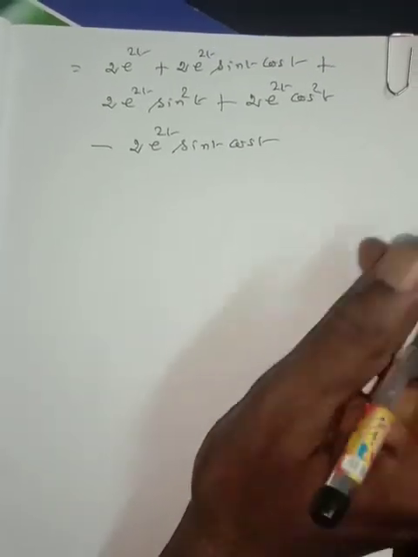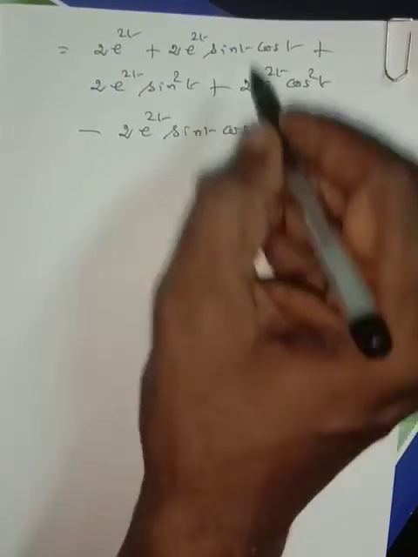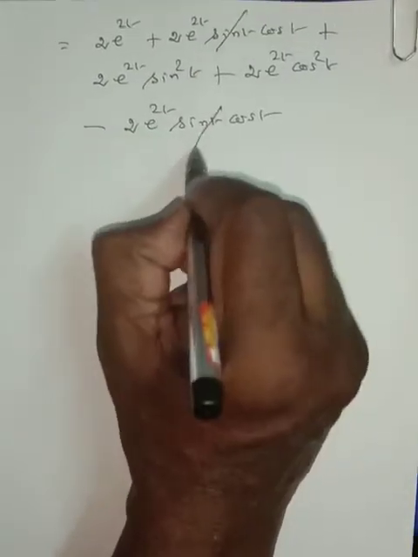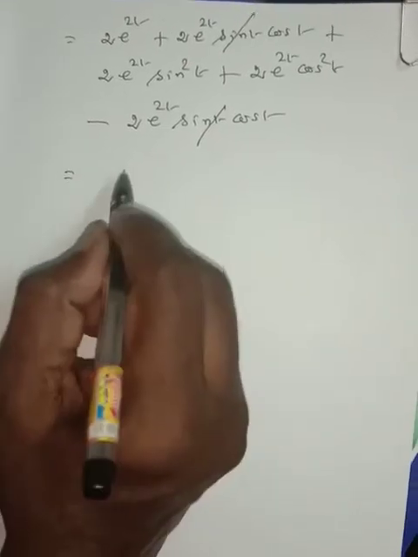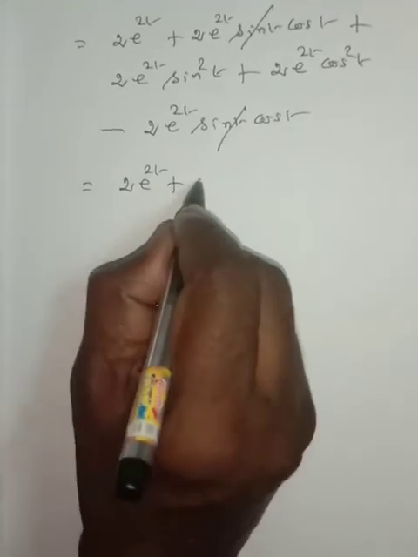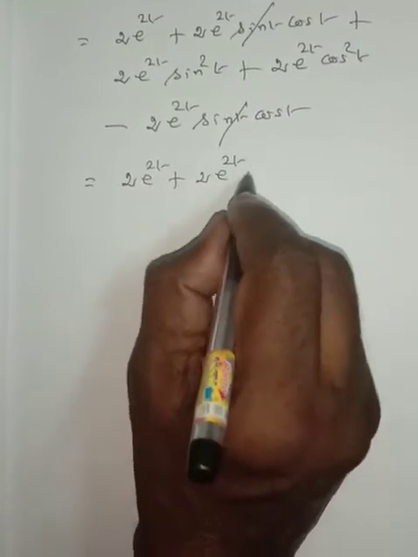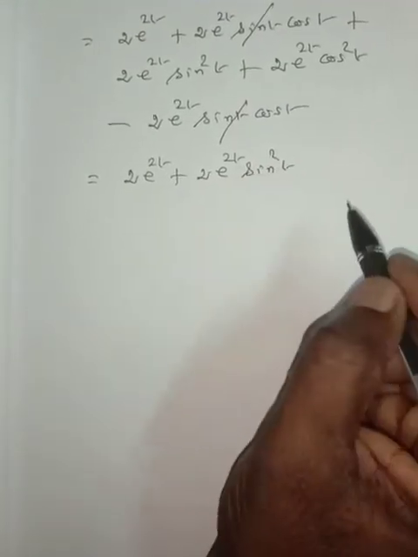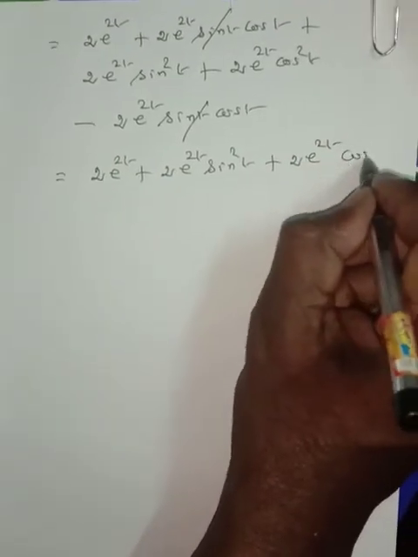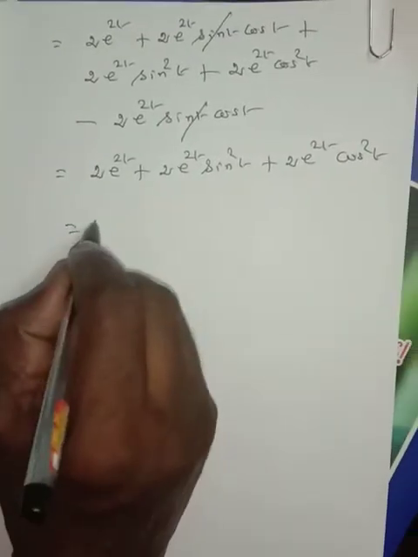The 2 e to the power of 2t sin t cos t terms cancel, so it is equal to 2 e to the power of 2t plus 2 e to the power of 2t sin square t plus 2 e to the power 2t cos square t. Now take the last two terms.